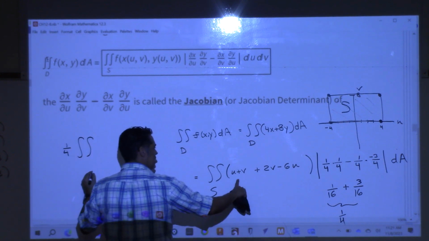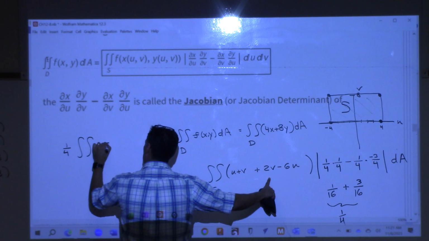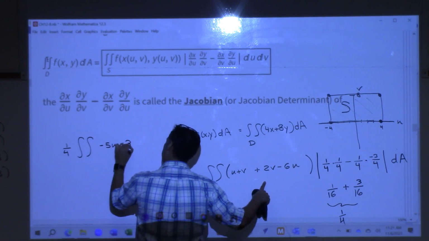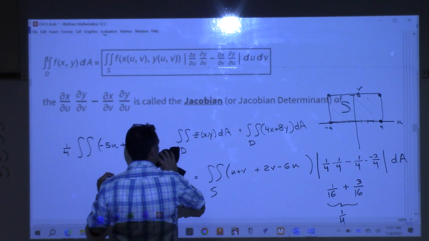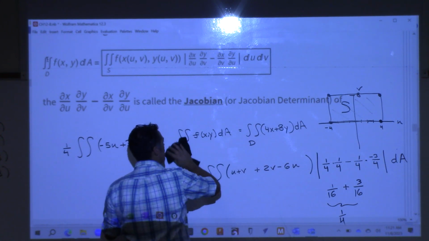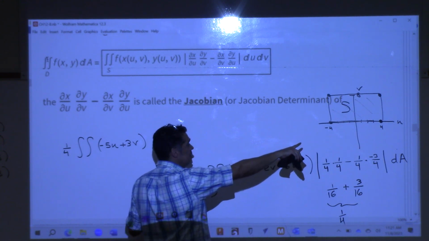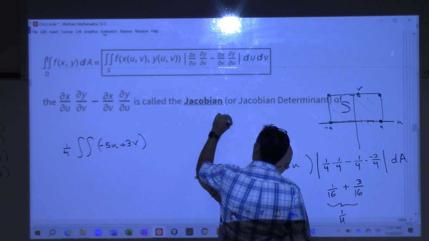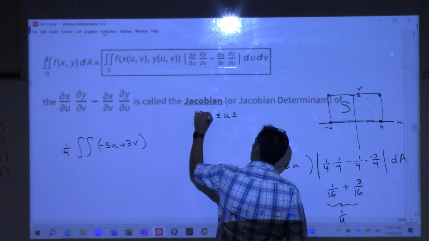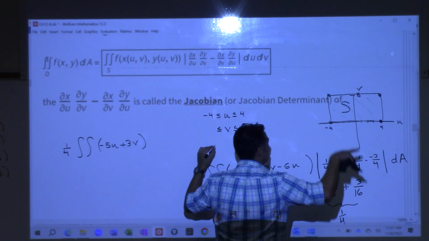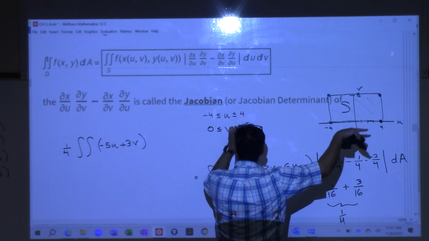Okay, let's clean this up. This is minus 5u plus 3v. And now, because we are integrating over a rectangle, the order of integration doesn't matter, right? My u's here are trapped between two constants, -4 and 4, and my v's are trapped between two constants, 0 to 8.